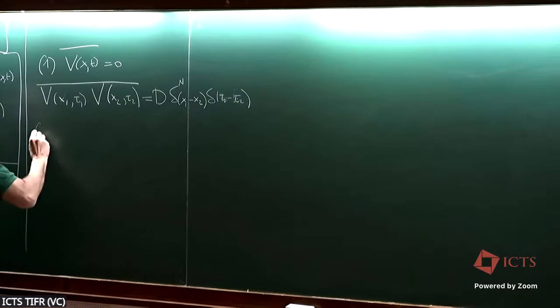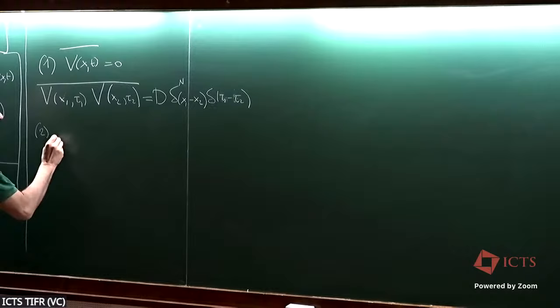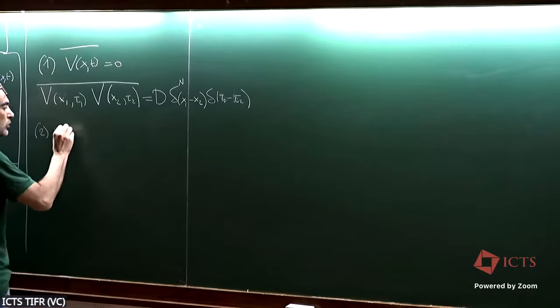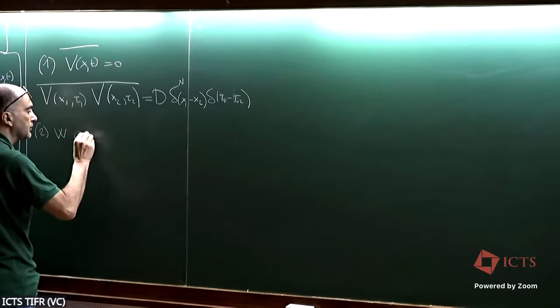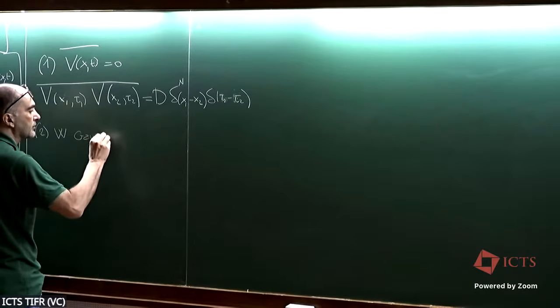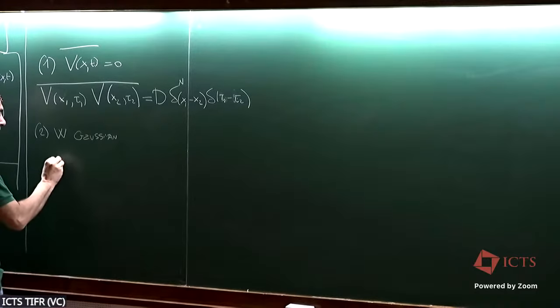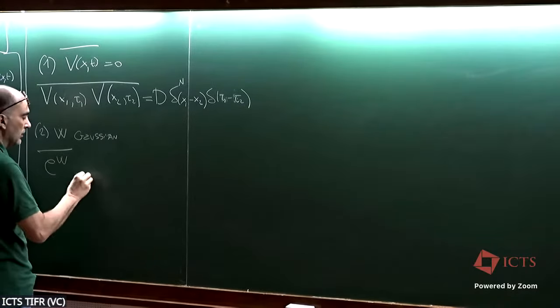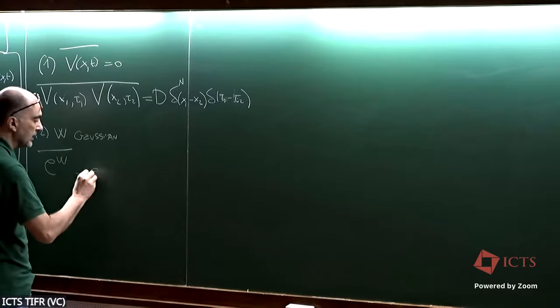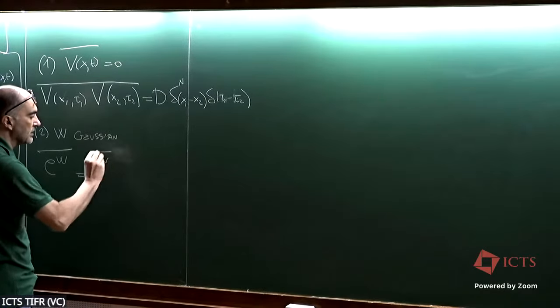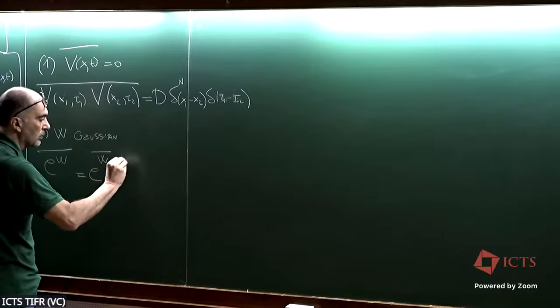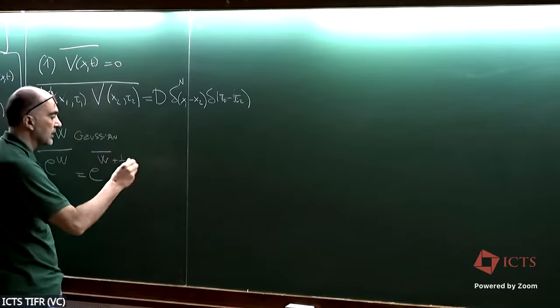And the second one is that if W is Gaussian, then you can ask what is the moment generating function of W. And essentially, for the Gaussian case, you have only the first two cumulants, all the others are zero.